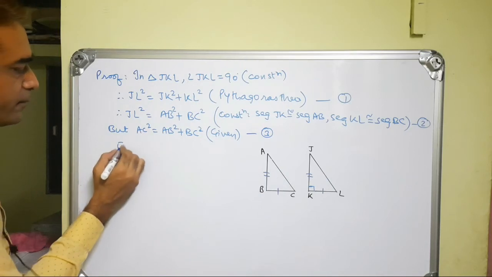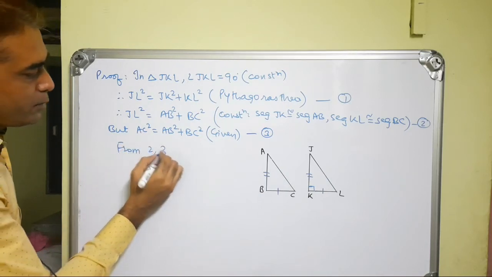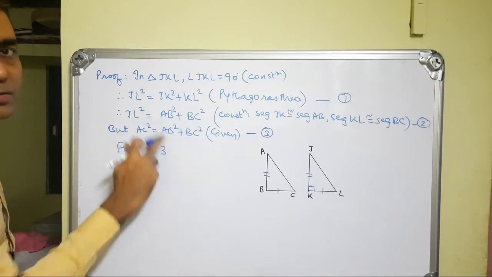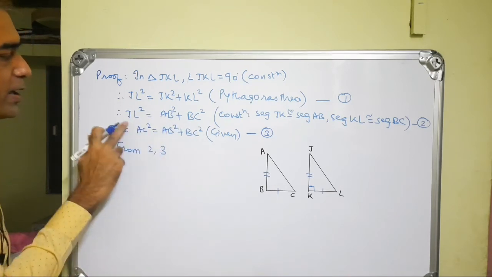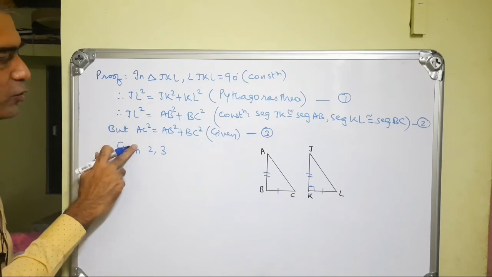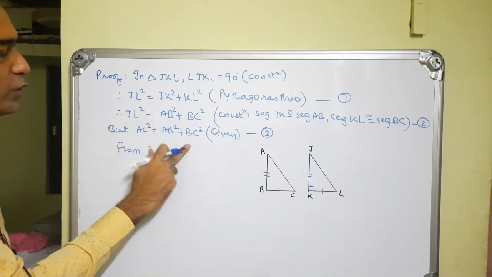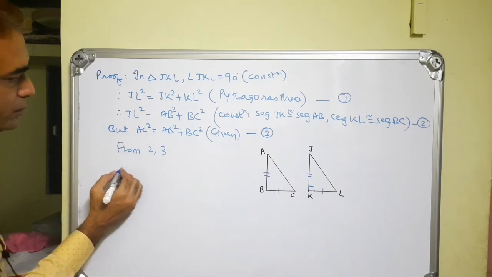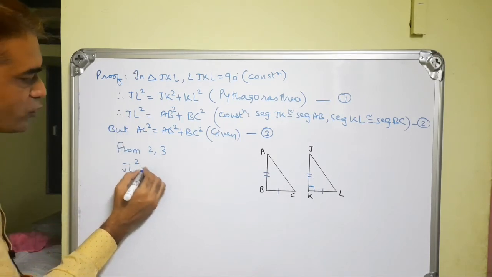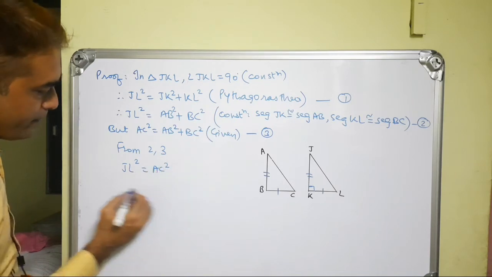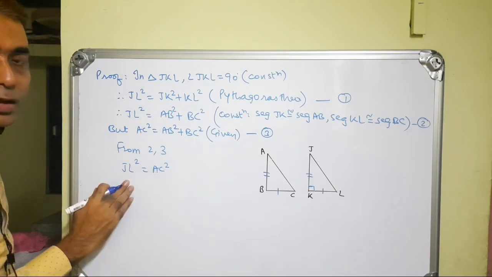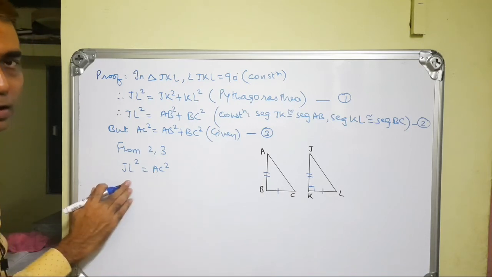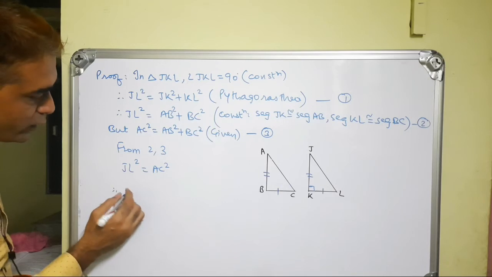From 2 and 3, we can see that the right hand sides of both these statements are the same. Therefore the left hand sides will also be equal. Therefore these two values are the same. From 2 and 3, JL square equals AC square, and if the squares of two values are equal, then those two values are also equal.